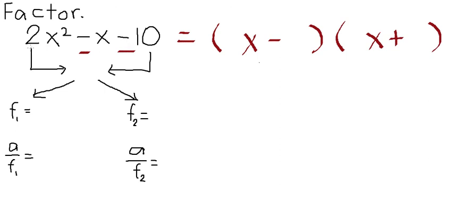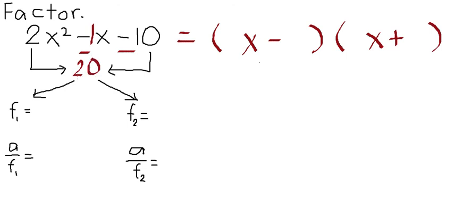Then, let's find for the value of AC. Our A here is 2. Our B here is understood to be 1. Huwag mo na isama yung negative na sign. And our C here is 10. Huwag mo nang isama yung negative. So, kunin natin yung AC. 2 times 10 equals 20.